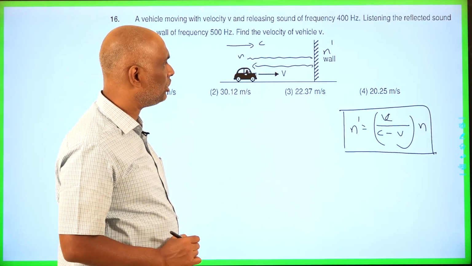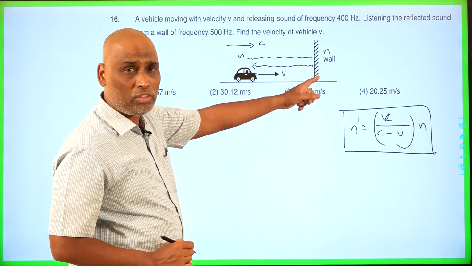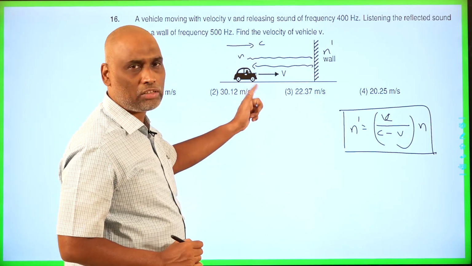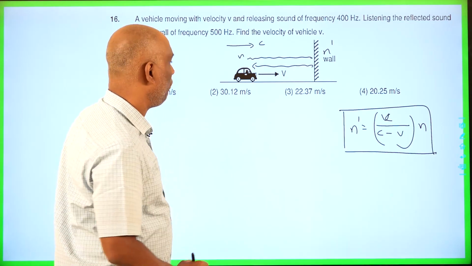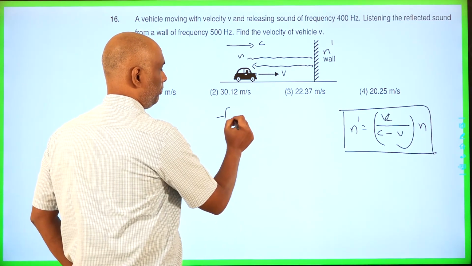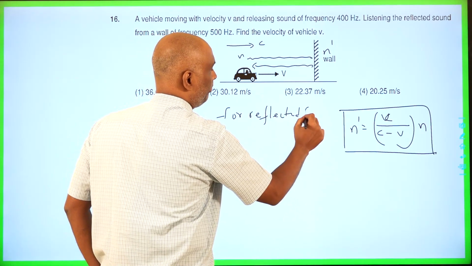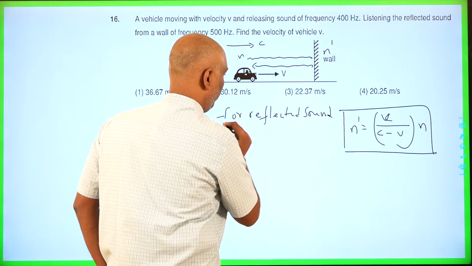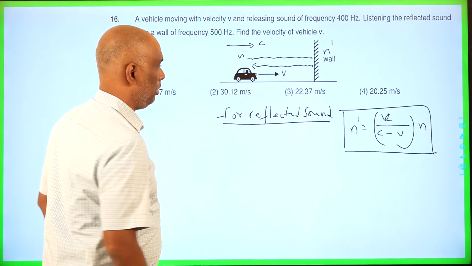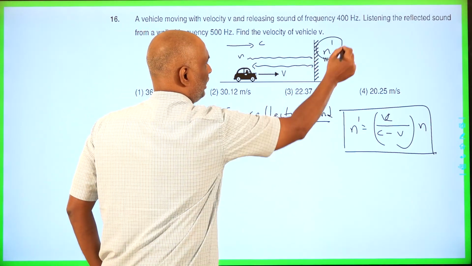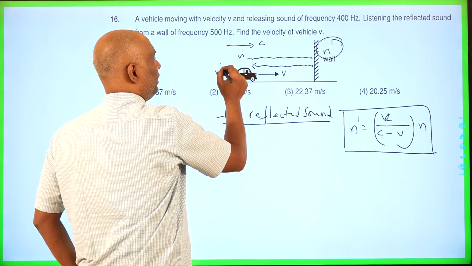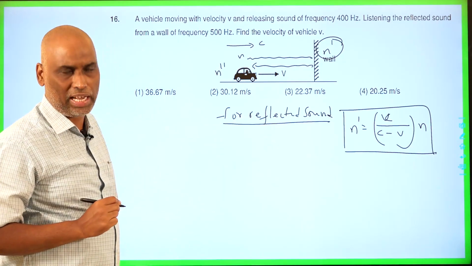So for the reflected sound, the wall will become the source and the car itself will become the observer. For the reflected sound, n dash will become the natural frequency, and the frequency received by the car will become n double dash.